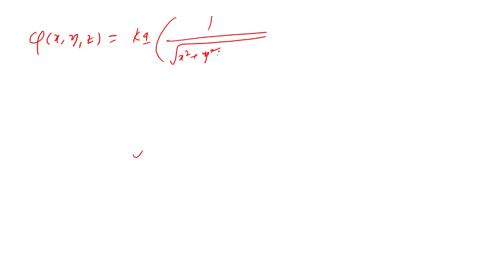So then we can write the solution for our original problem as kq times 1 over square root under x squared plus y squared plus (z minus d) whole square, minus 1 over square root of x squared plus y squared plus (z plus d) whole square.